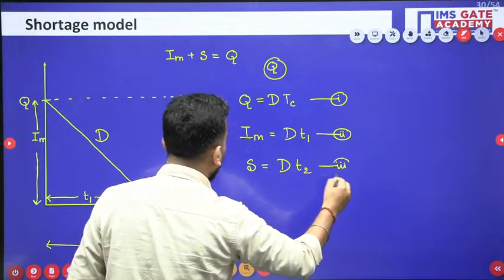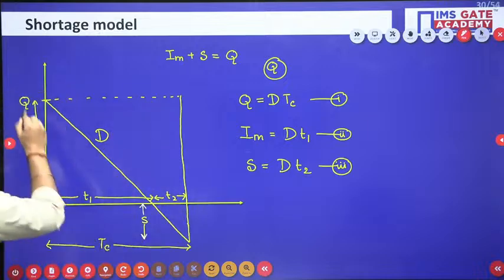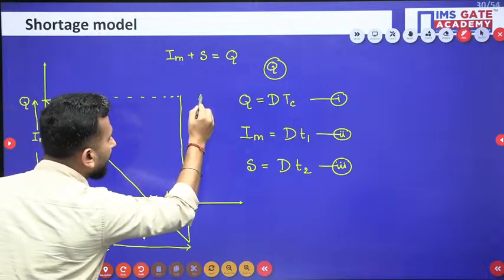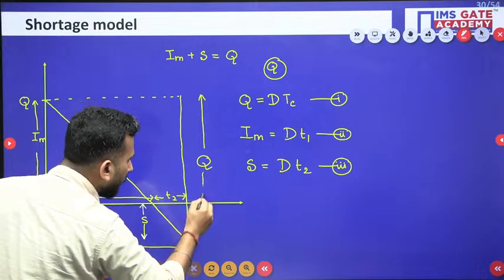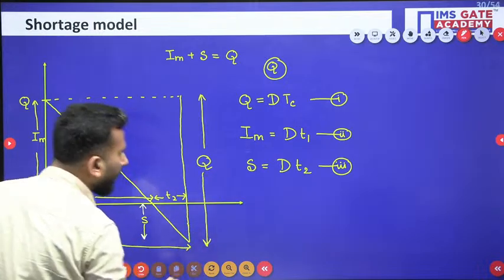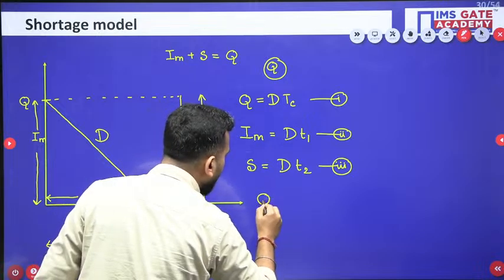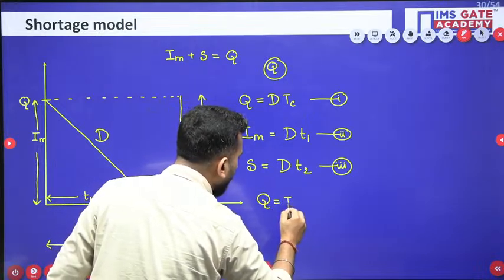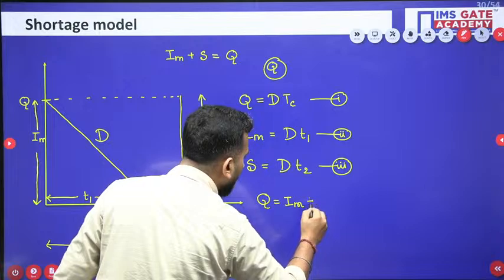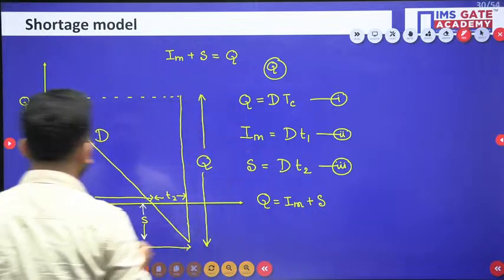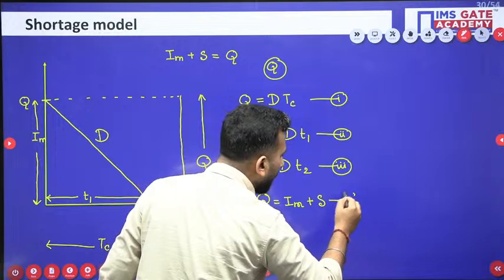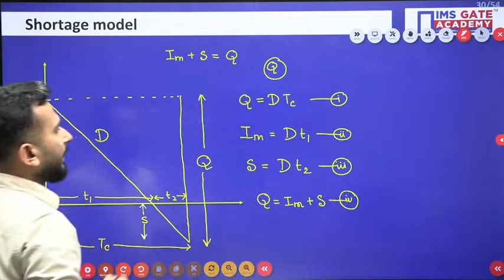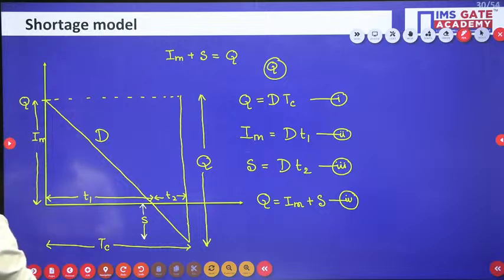And don't forget, this entire length is your Q. So finally Q is equal to IM plus S, where IM is the maximum inventory. These 4 relations should always be in the back of our mind.